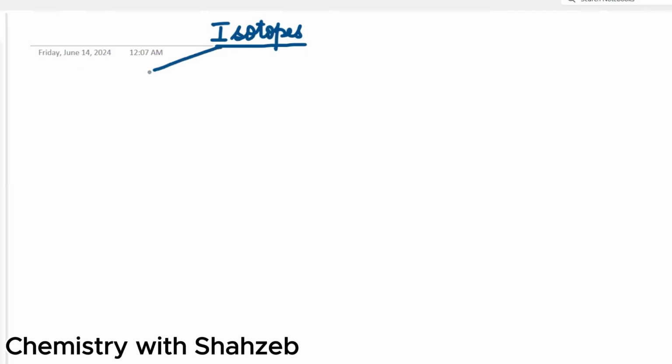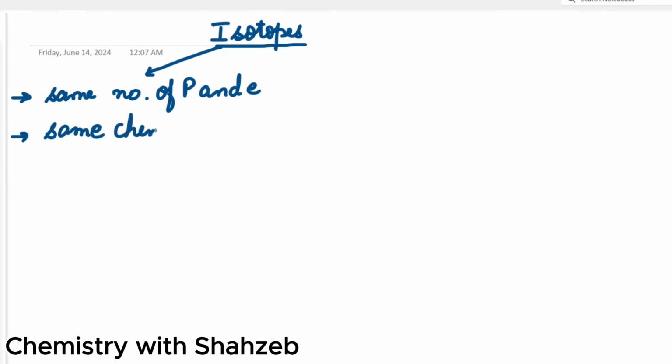Isotopes have the same number of protons and electrons. Because of that, they have the same chemical properties. Why do they have the same chemical properties?